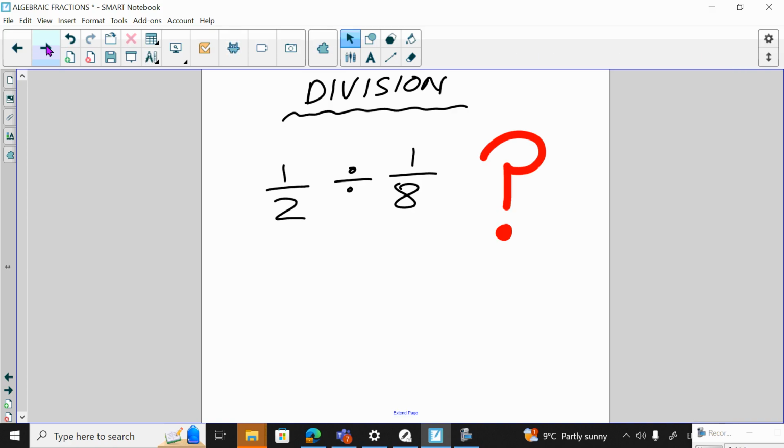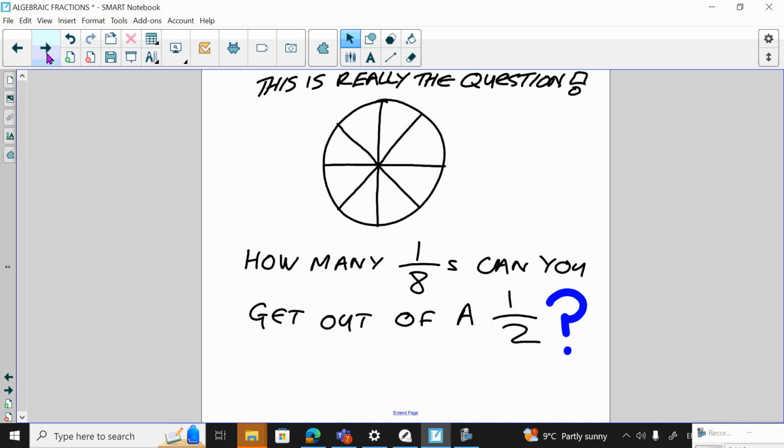Right, last rule, division. A half divided by an 8th. What are they asking here? How many 8ths can you get out of a half?